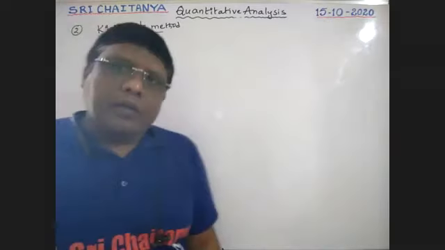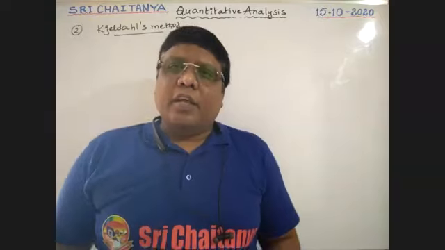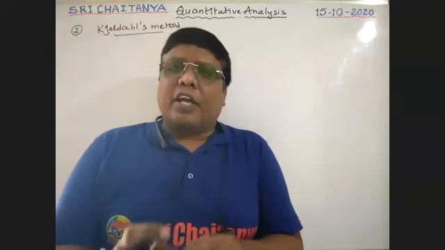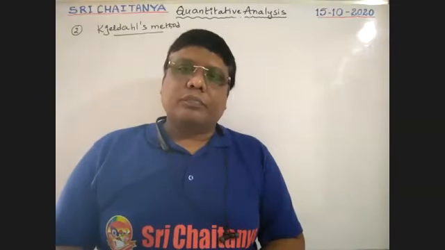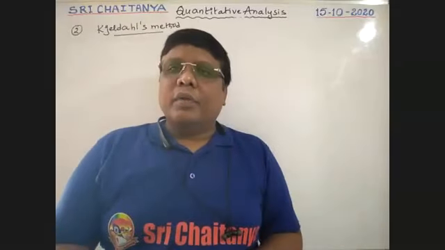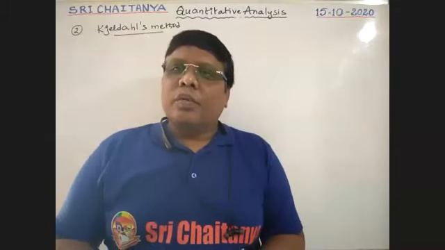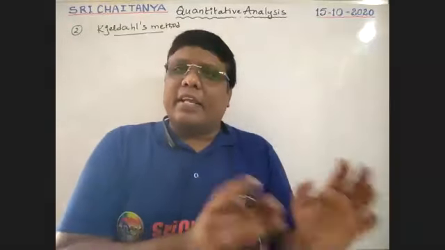Boys, in our previous method, that is Dumas method, the entire nitrogen present in your given organic compound converted into N2. But here it converts into ammonia. That is the difference between these two. There N2 is the final gas, here ammonia is the gas, the nitrogen containing gas.